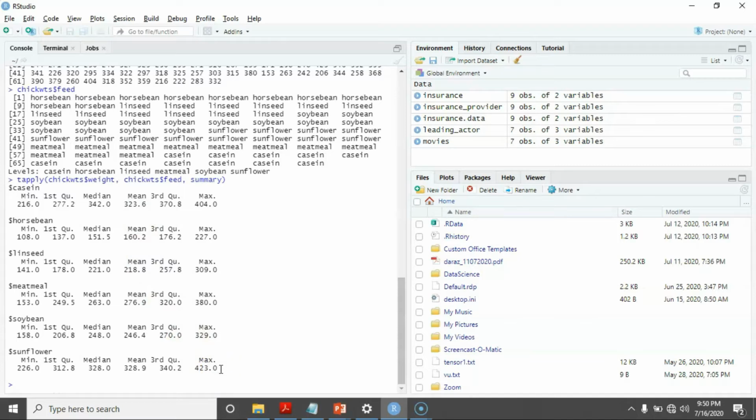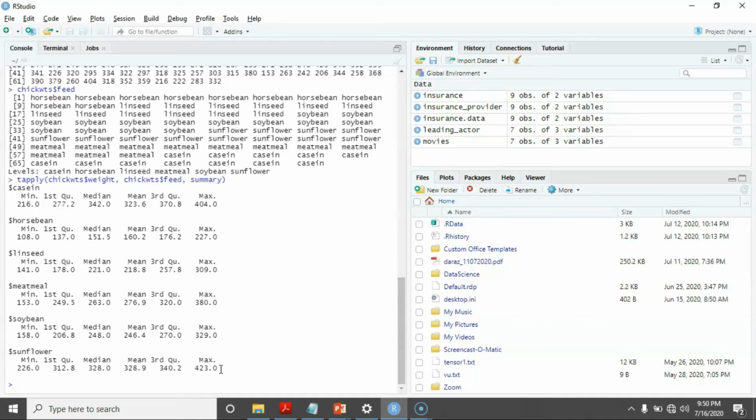So by just doing this summary analysis using the built-in function tapply between these two attributes, weight and feed, you can decide that if a chicken producer wants to grow a healthy chicken, then he must feed sunflower.